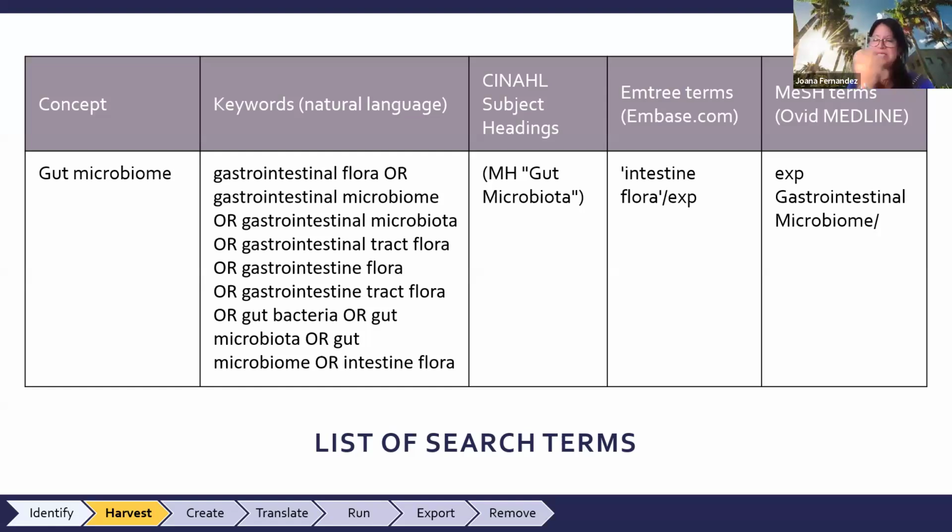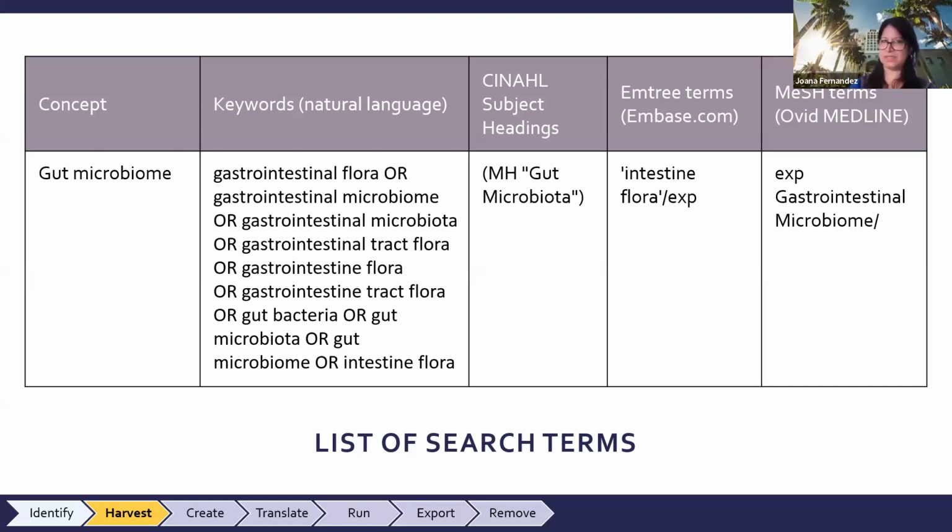This is a visual for you to see the difference, for you to catch any missing terms, for you to also make sure that, for example, when you are finding the CINAHL subject heading for each one of the databases, you make sure that you include those terms as keywords.